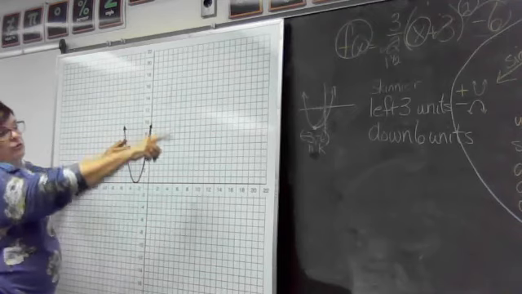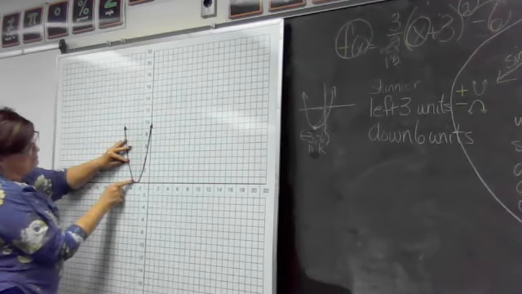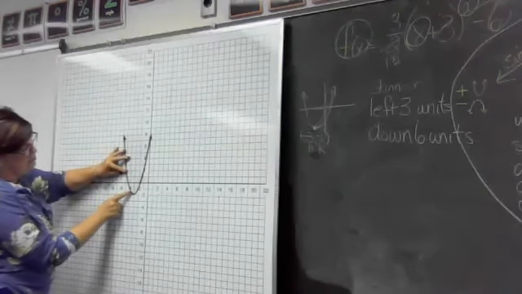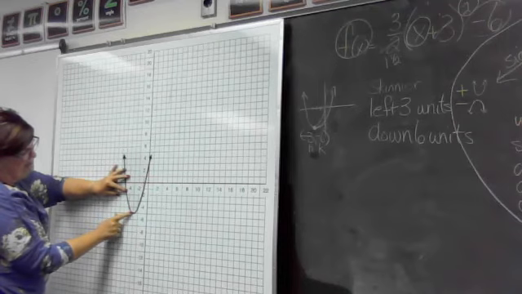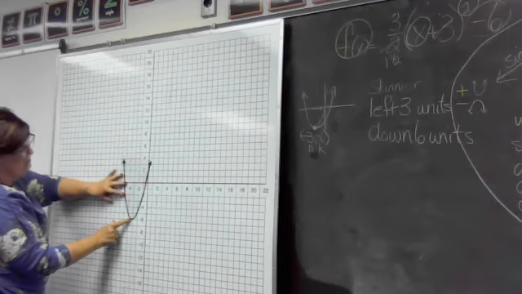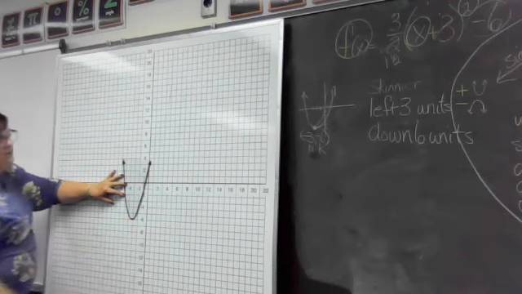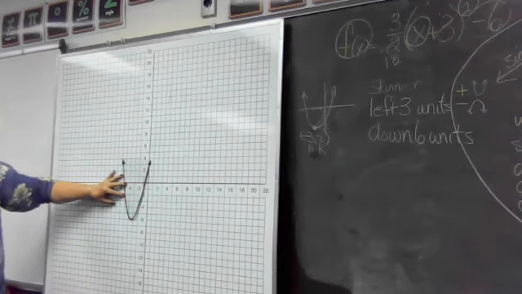And then I have to move it down 6 units. 1, 2, 3, 4, 5, and 6. So this is where our parabola will be graphed now. Y'all see? So the vertex form of a quadratic holds a lot of secrets.